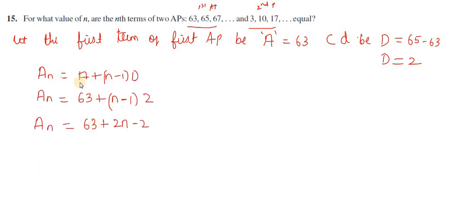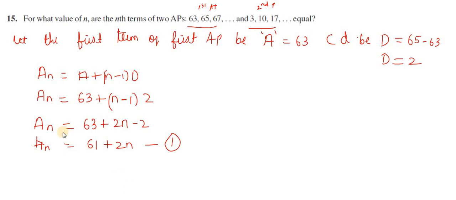So here an is equal to a, whose value we know is 63, plus n minus 1 into d. The D value we know is 2. Simplify it further. So therefore an is equal to 63 minus 2, so you will get 61 plus 2n. Call this equation 1.